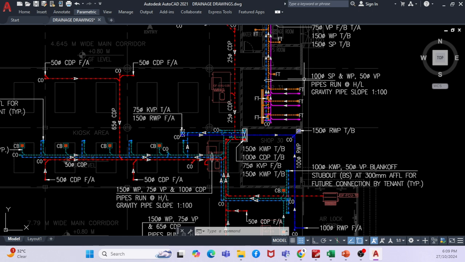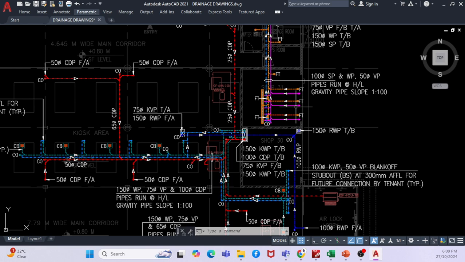Assume that all the 5 toilets will not be in use, right? So it is a probable method. That is what I said for the plumbing, water supply, and drainage. It is a probable method. So that is why the maximum drainage pipe will be based on the fixture or based on the outlet size, which is 75 mm as a minimum, right?